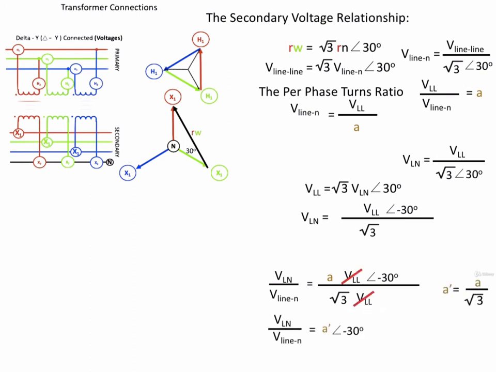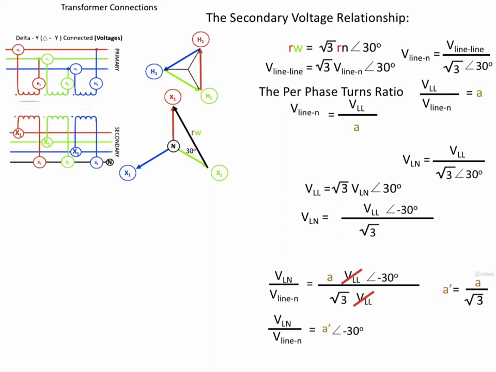I am going to make the equation even simpler by canceling out the common term in both the numerator and denominator, namely the line-to-line primary voltage. And I'm going to establish the A primed ratio, which is the turns ratio all over root 3. So our equation now becomes the line to neutral primary voltage over the line to neutral secondary voltage is equal to A primed at minus 30 degrees.